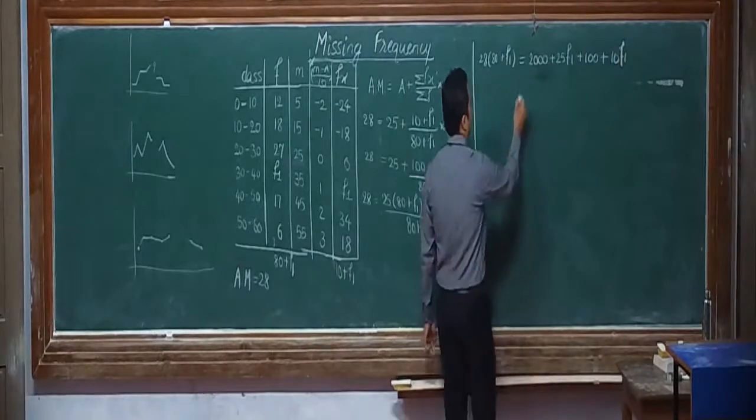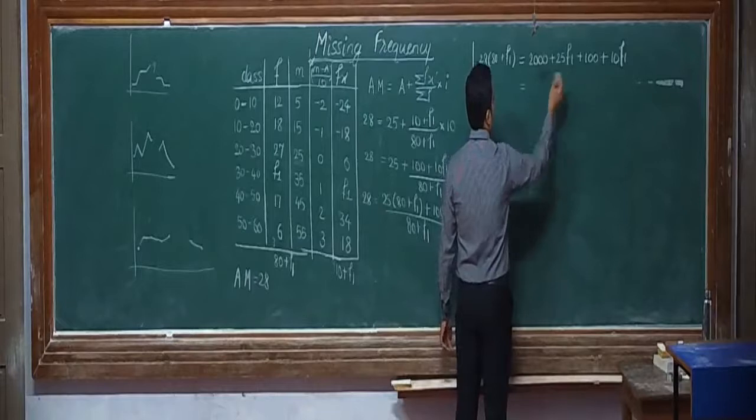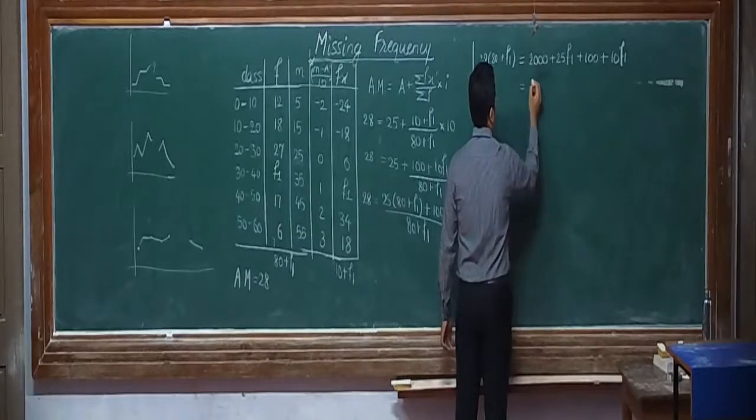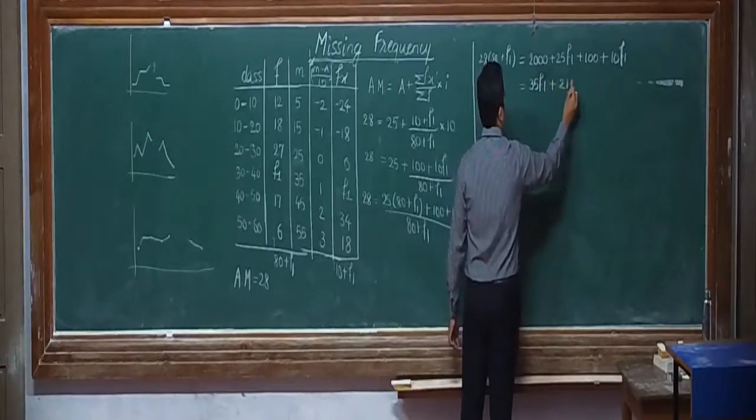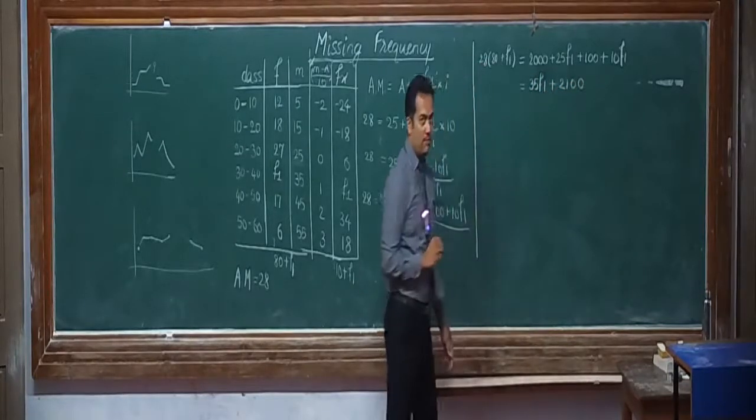Okay, so this I can still solve. 25 plus 10, so here I get 35 f1 plus 2100. This is what I have calculated.